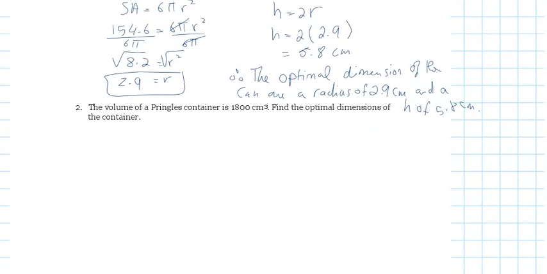The volume formula, which is, what was it? 2 pi r cubed. So my volume is 1800. How do I find the radius? What do I do first? Divide by 2 pi.